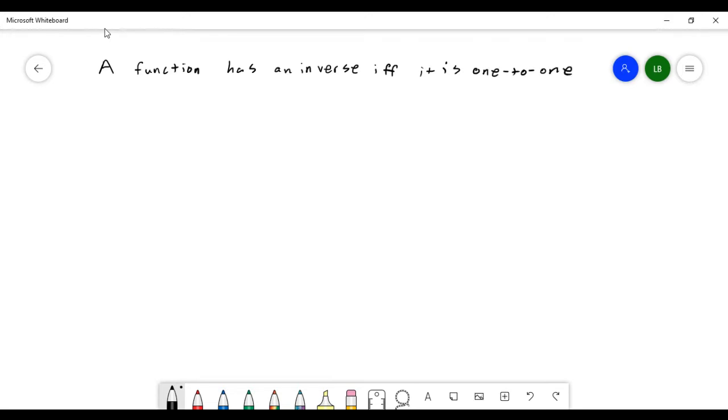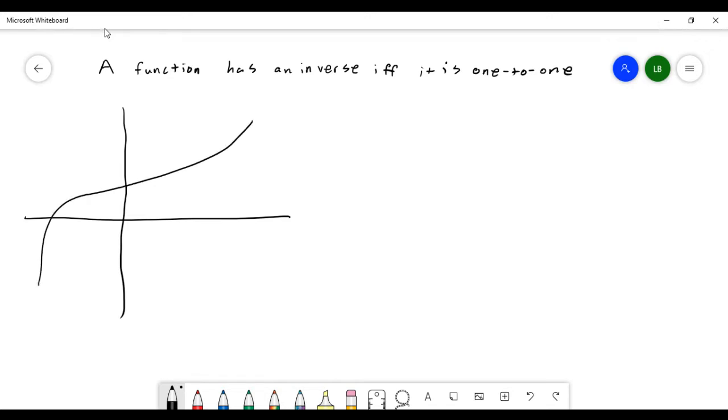And this 1-to-1 thing basically means that for every x value, there's only one y value. So for example, if we've got a function like this, it would be 1-to-1 because for every x value, there's only one y value. Or in other words, it passes the horizontal line test. No matter which horizontal line we draw, it's only going to hit our function at one spot.